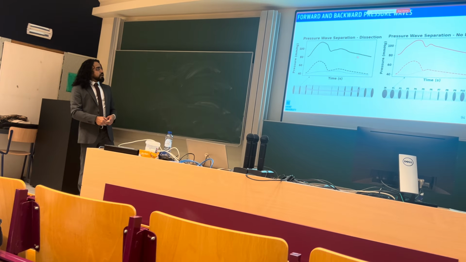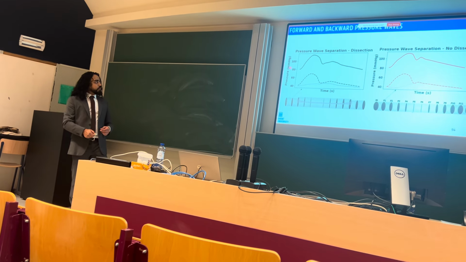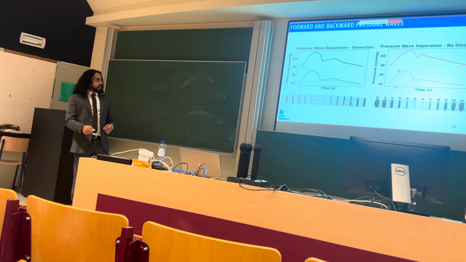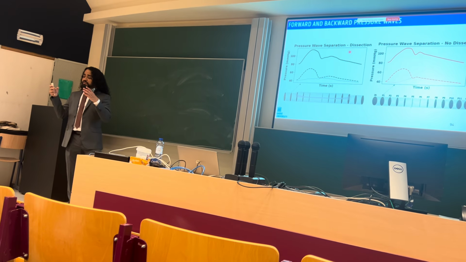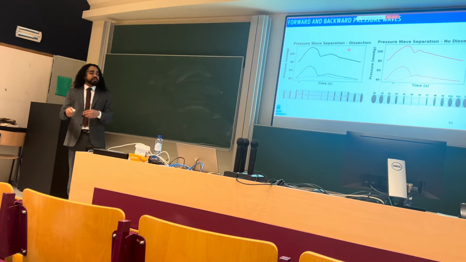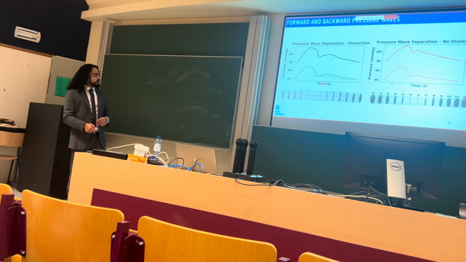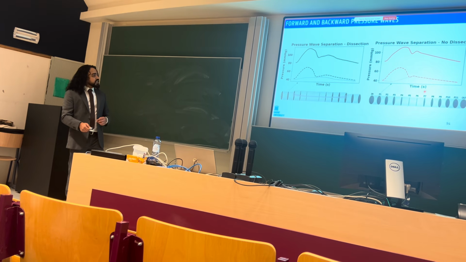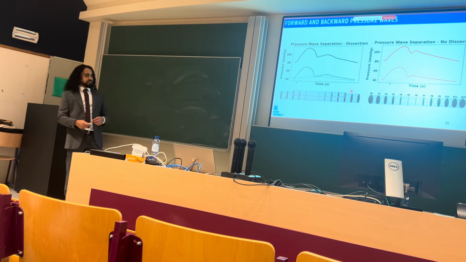And if we break down the forward and backward waves for our cases, the ones in dark red and dark black represent the total or measured pressure signal, and you break them down into your forward and your backward components. The forward and backward components in the diastolic phase are quite similar, and there are some distinctive changes over here because of the dissection.